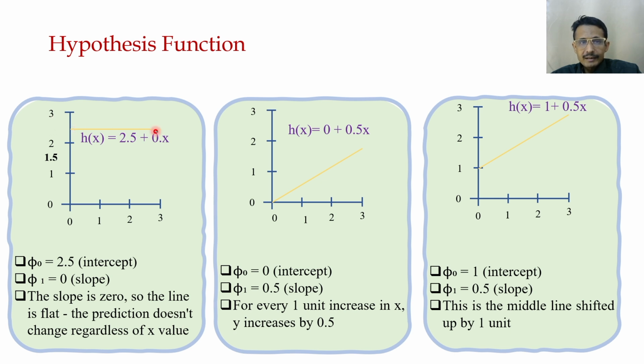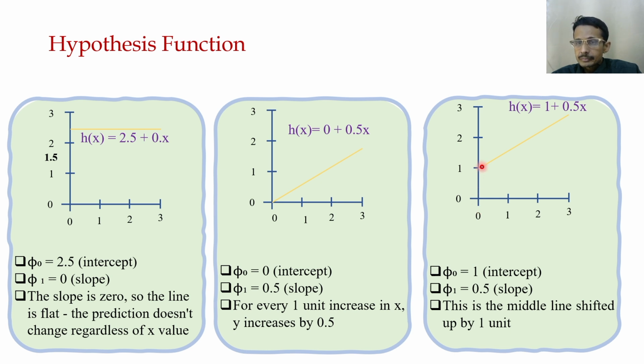Now, if there is some slope, this particular line is the corresponding h of x, where the slope is 0.5 but the intercept is 0, so it is just going through the origin. Now, if we increase the intercept to 1, the line goes through 0, 1.